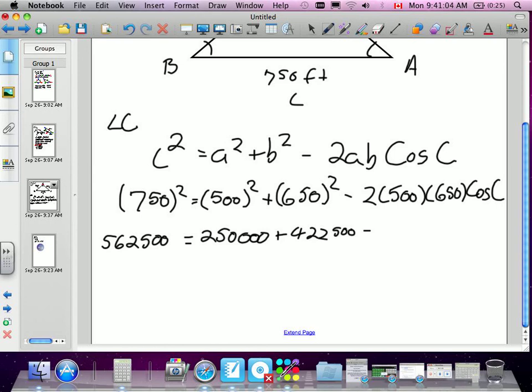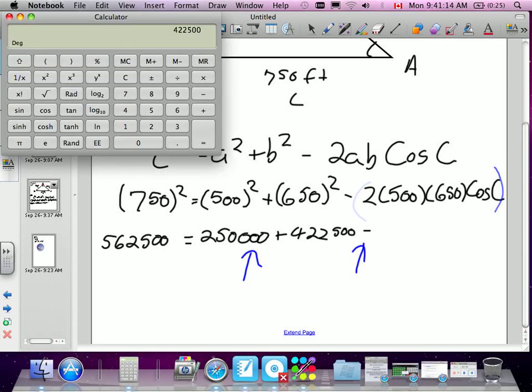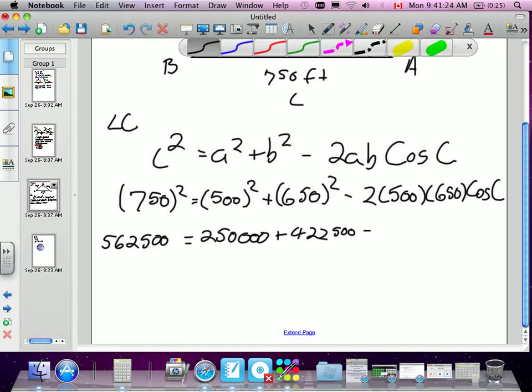Okay, so gentlemen, again, this minus sign, remember, we have to complete all of the multiplication over here before we can add and subtract these numbers. So this is where it gets a little confusing. We're going to do 2 times 500 times 650, 650,000.